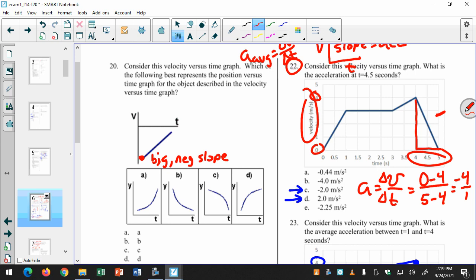Which one? Oh, you're right. It does start with a big negative slope. That's very good. Look, this one starts with a small positive slope, small negative slope, big positive slope. So all of these are wrong. It has to be B. And it should end with a small negative slope, which it does. It ends with a small negative slope.